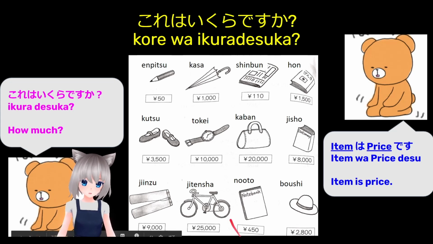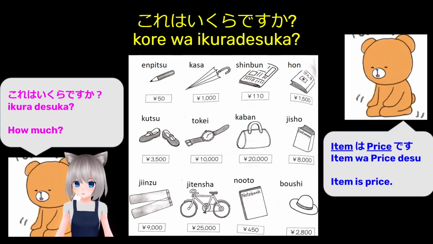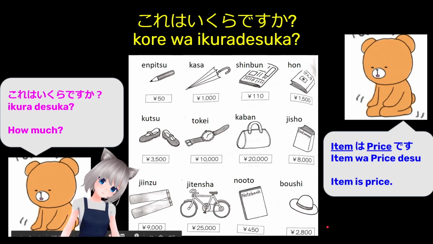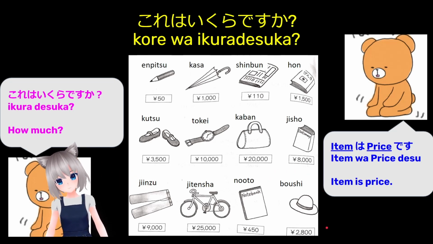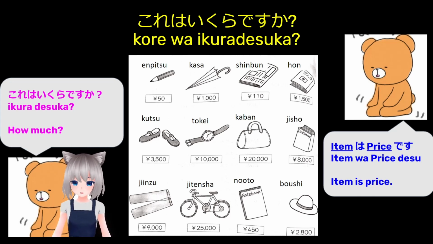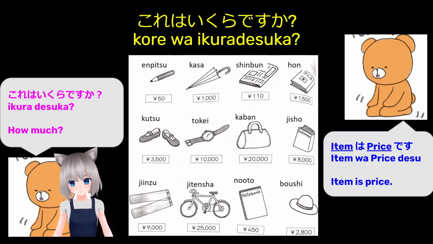これはいくらですか? ノートは450円です。Next one. これはいくらですか? 帽子は2800円です。Again, 8 is a tricky one. 8 is always a tricky one to pronounce. 800円.